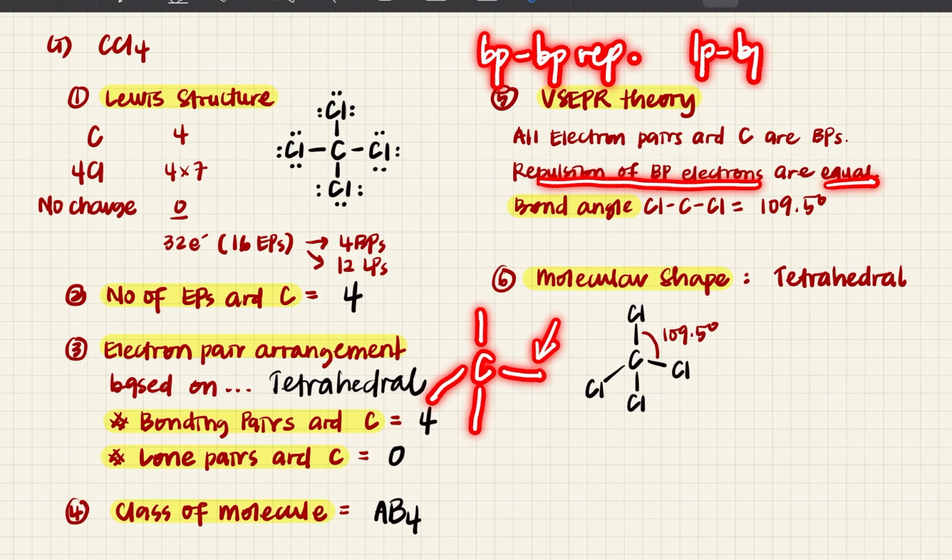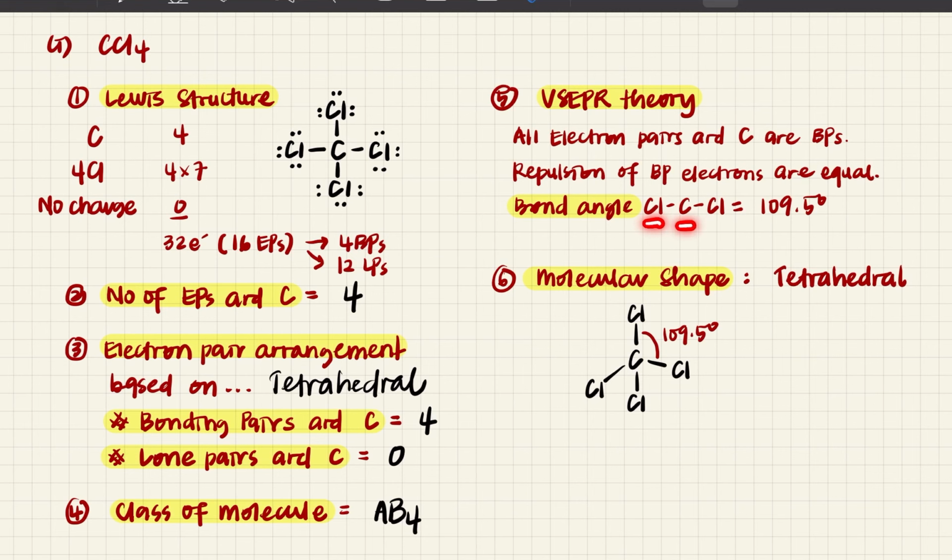Alright, so the bond angle of your Cl carbon Cl, this bond angle. Okay, so the bond angle will be 109.5 degrees because we don't have any lone pairs. Okay, so the bond angle is the same as your basic molecular shape, tetrahedral.